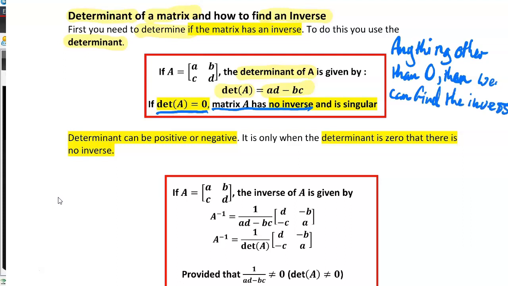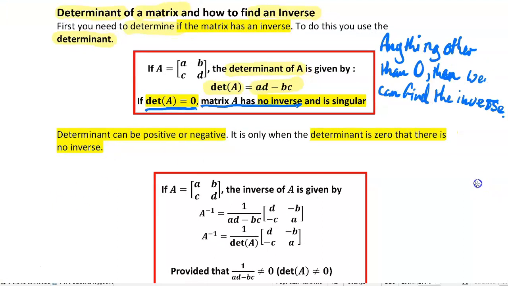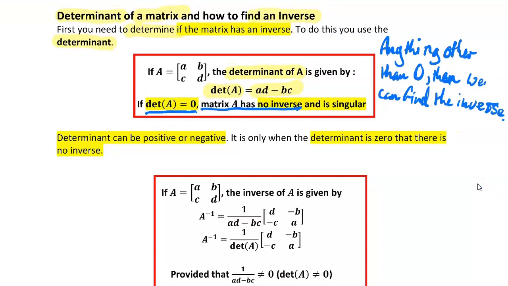For anything other than 0, it doesn't matter if it's positive or negative. That has no effect on it. It doesn't matter if that determinant is positive or negative. It only matters if it's 0 or not.